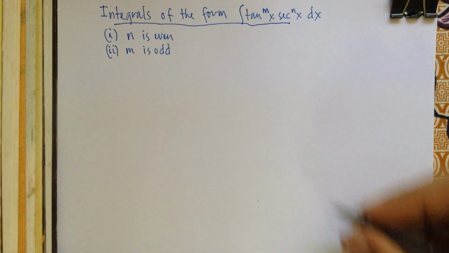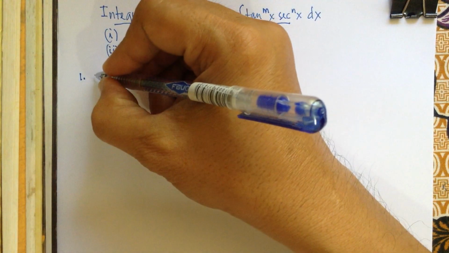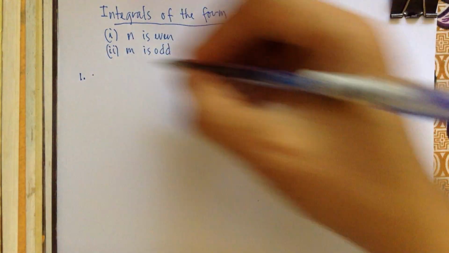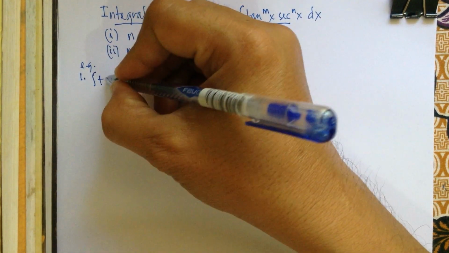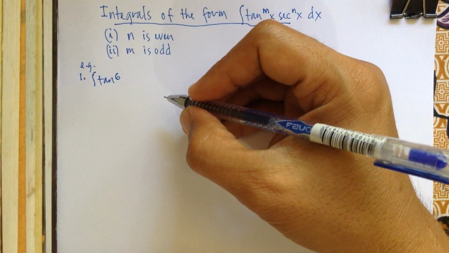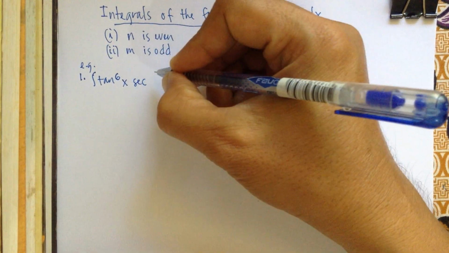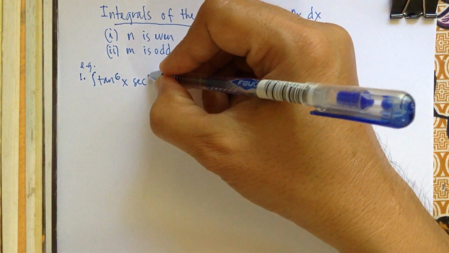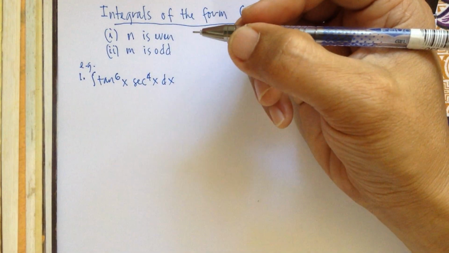Okay, so let's consider examples to illustrate these cases. Let's start with, say, integral of tangent to the 6x secant to the 4th x dx.